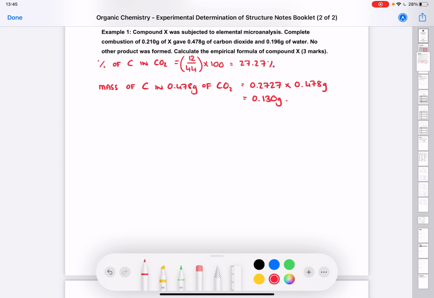So we now know our mass of carbon, 0.13 grams.